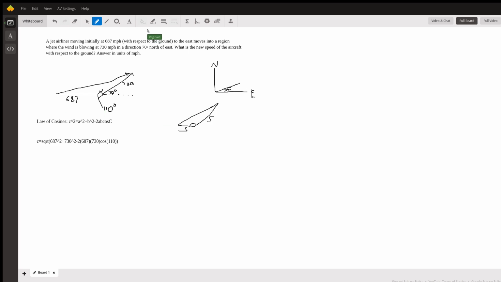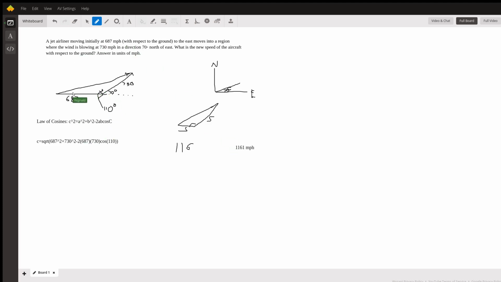So I have an answer of 1161. Actually, I'm going to use the text box. 1161 miles per hour.